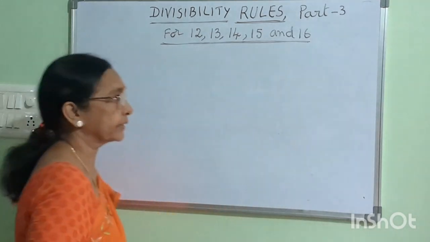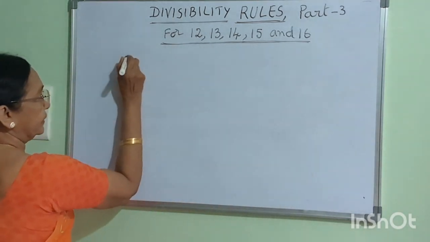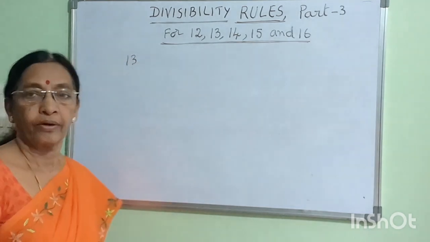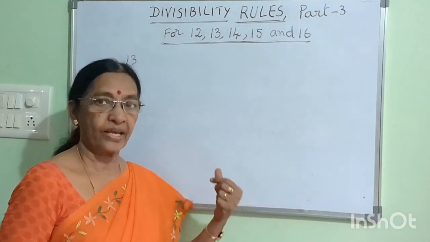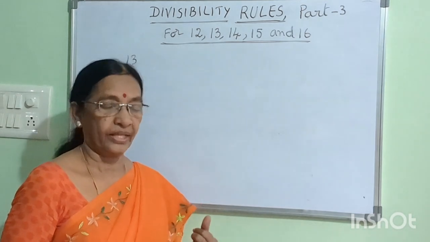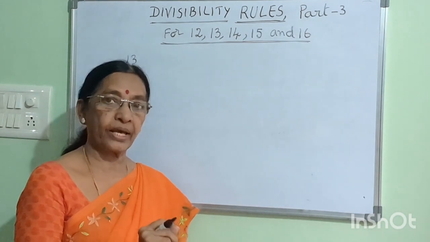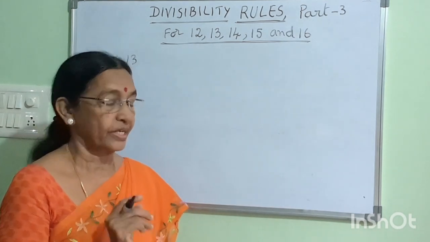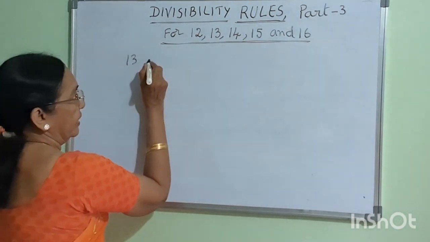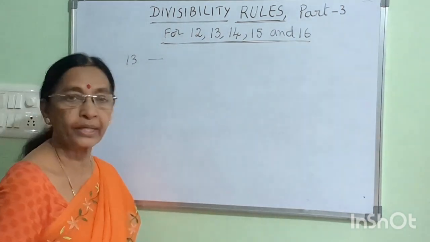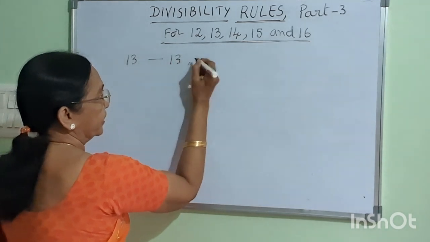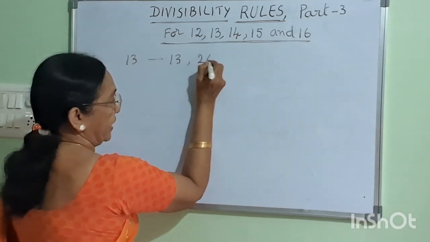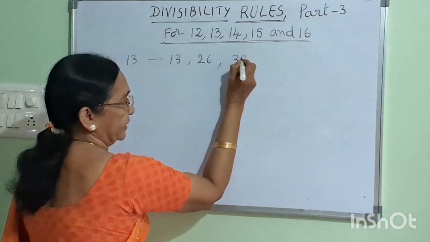Next, the number 13. For this, we have to select the oscillator, from the theory of oscillation. Let us write the multiples of 13. 13 ones are 13, 13 twos are 26, 13 threes are 39.